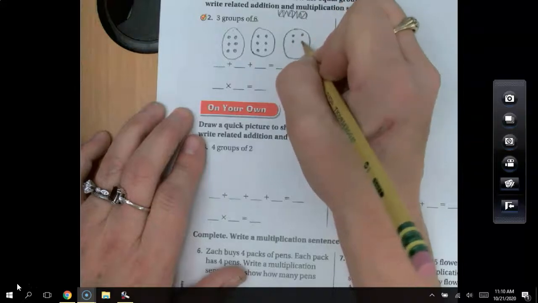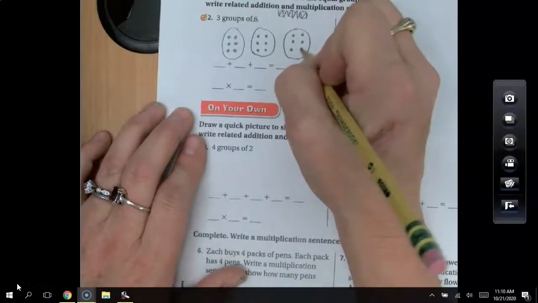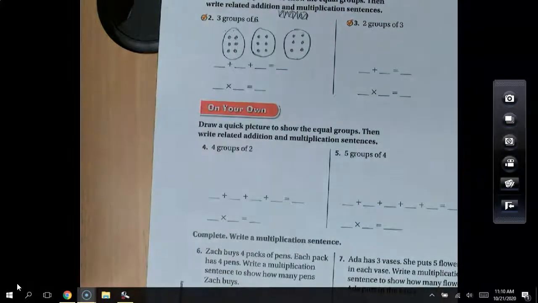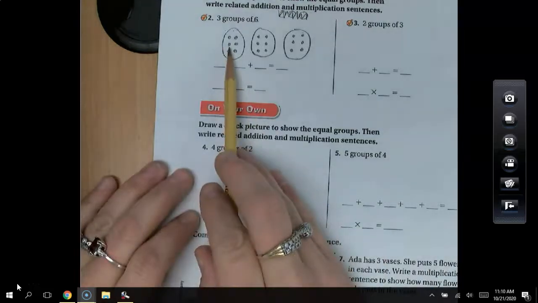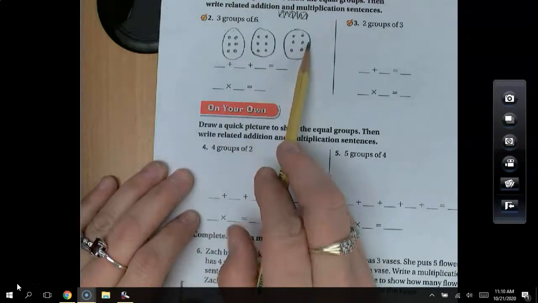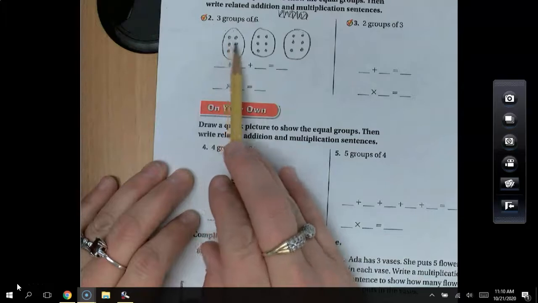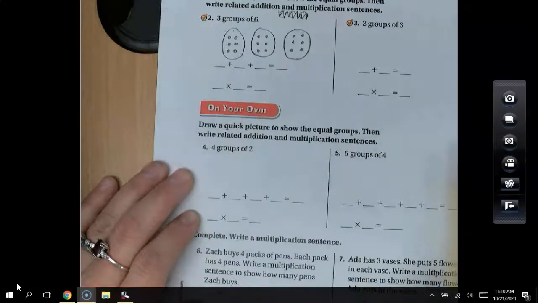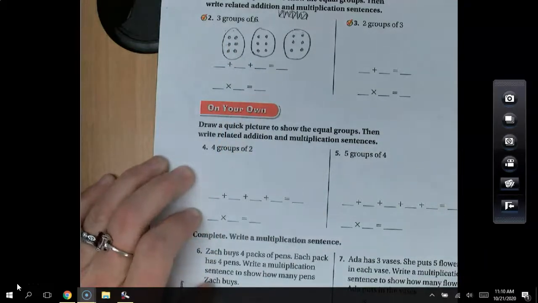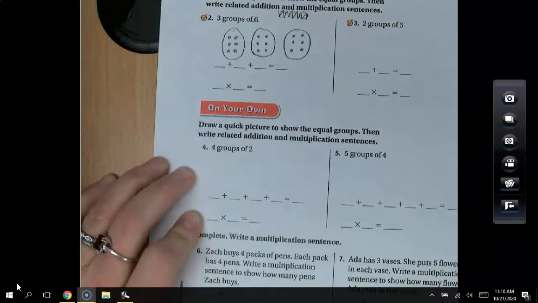Okay? This will help you keep track of your counting. So we have 3 groups, and we have 6 in each group. Remember I told you in multiplication you have to have equal groups, so they have to have the same amount in each group.